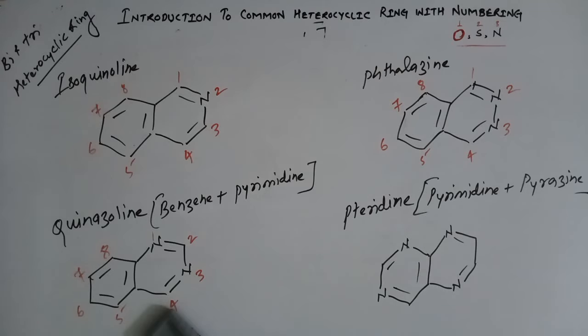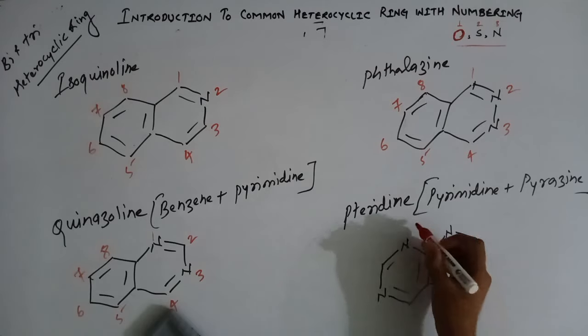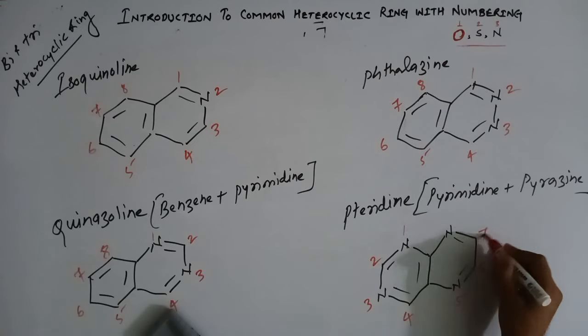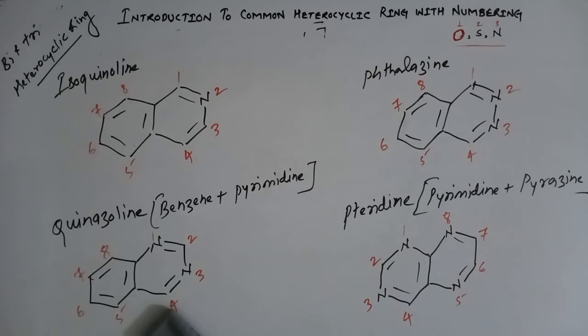The numbering of this molecule begins from this nitrogen: 1, 2, 3, 4, 5, 6, 7 and 8.